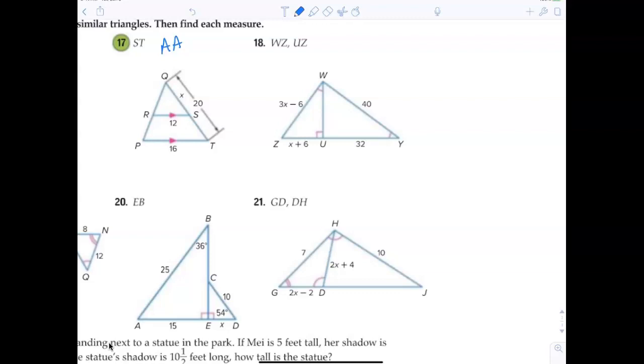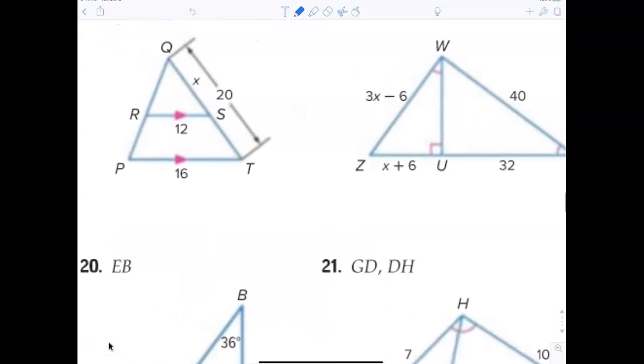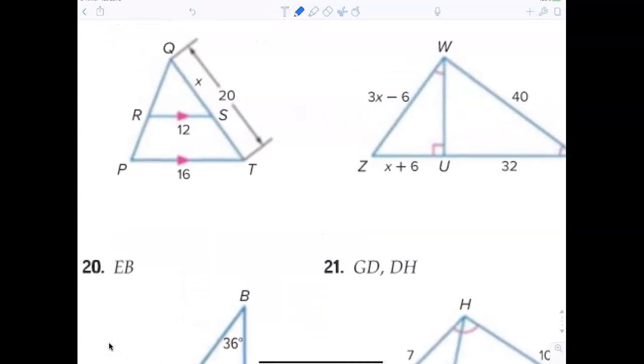Now, I want the proportion. I'm going to set up the proportion. Charlotte, let's go. Exactly. Easy. There's lots of ways to do it. Cross multiply, divide.